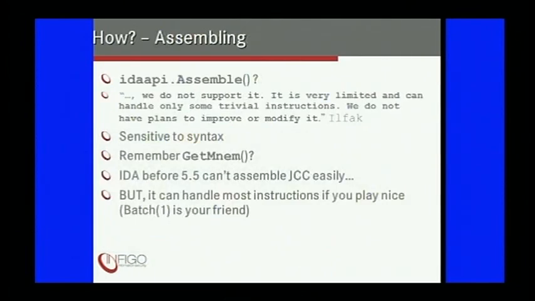So this is the last process. You have reconstructed your function and optimized it in classes in memory, and now you want to write it either into the database or export it to some executable code so you can run it and modify it. The basic algorithm is that you will assemble each instruction. IDA provides an assemble API that is unsupported and has some weird syntax.